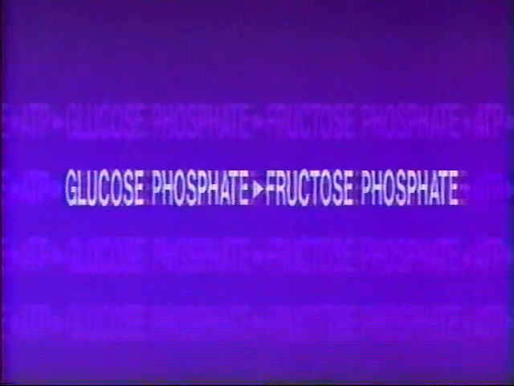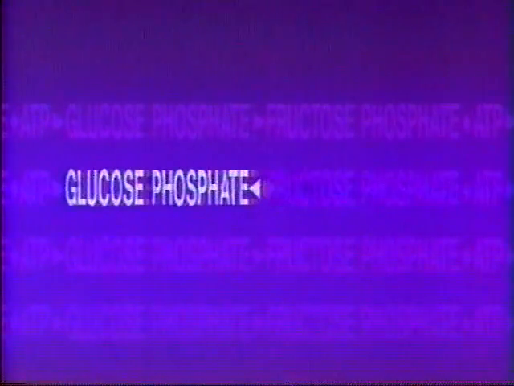While the steps seem straightforward, when we isolate the reaction of glucose phosphate to fructose phosphate, an apparent problem arises. Fructose phosphate is a highly unstable molecule that has a strong tendency to revert to glucose phosphate. Were the reaction reversible, glycolysis would grind to a halt.